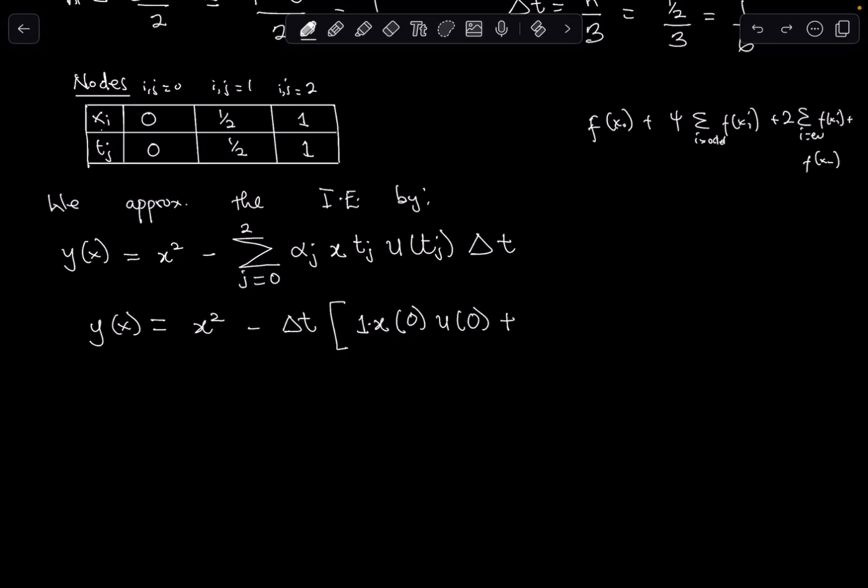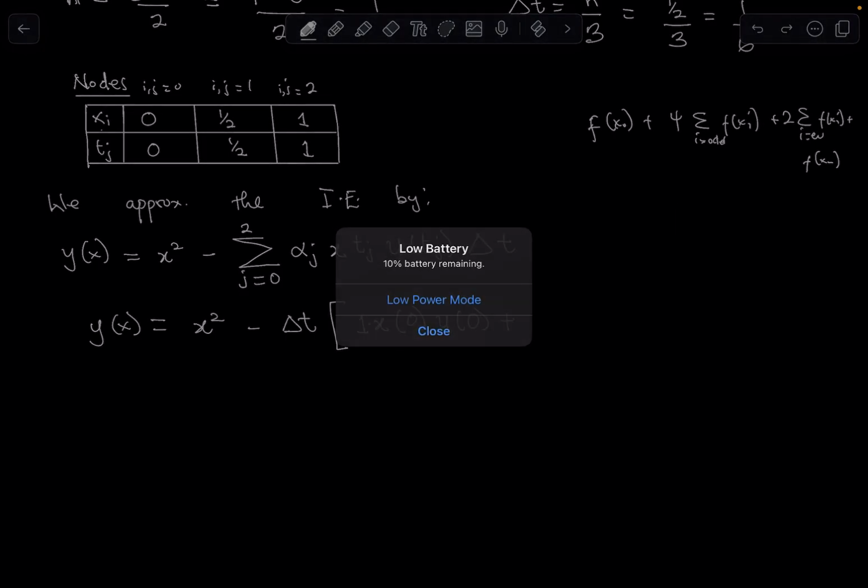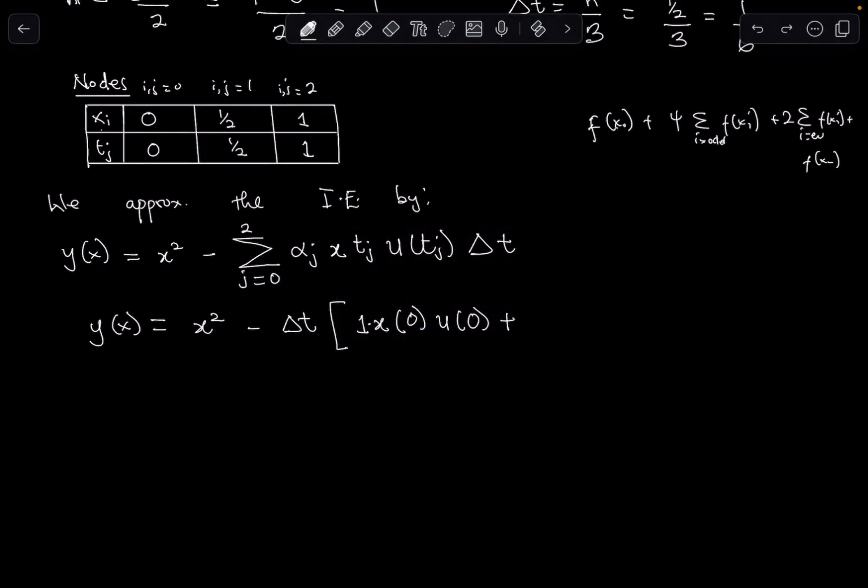So it means that this is going to be, j is actually 1, which is actually odd, right? So we are going to pre-multiply that by 4, right? So your a1 here is 4. Keep that in mind. So 4x, and then tj is 1 over 2. Okay, and then that's going to be u of 1 over 2.